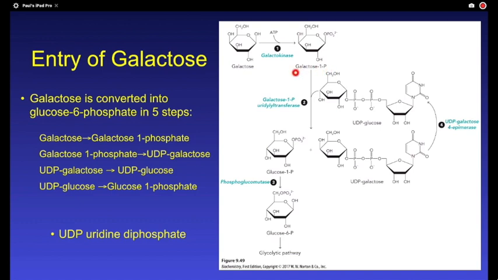What happens is galactose 1-phosphate and glucose UDP react together, and what happens is this hydroxide will react, okay, with this. Let me see.